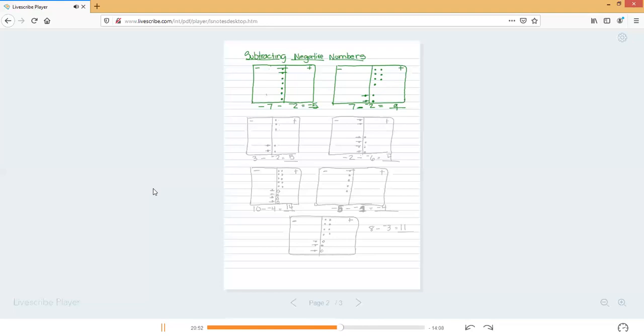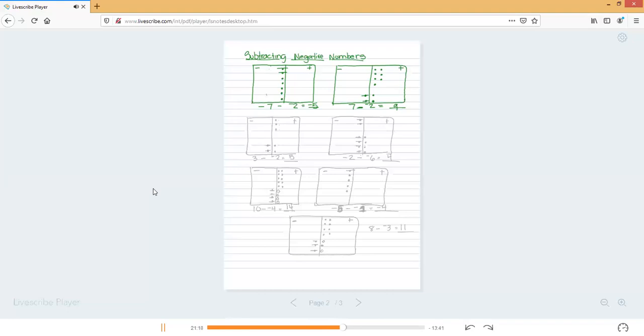Draw another one, and that's negative and positive. So for this first one, it's going to be 3 minus -2. And for the second one, if you think you can do it, you can pause it and try it out yourself. Come back. If you didn't get it, just pay attention. We have a few that we're going to do to make sure that you understand.